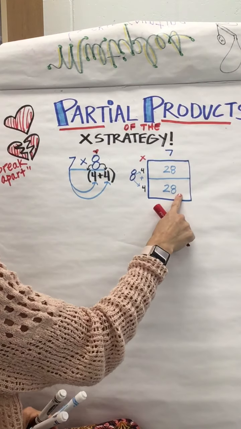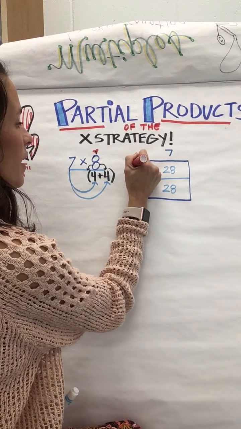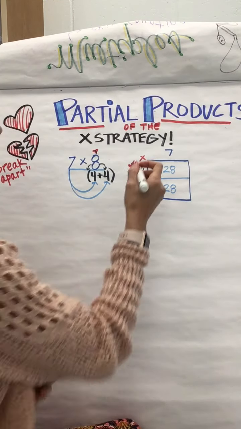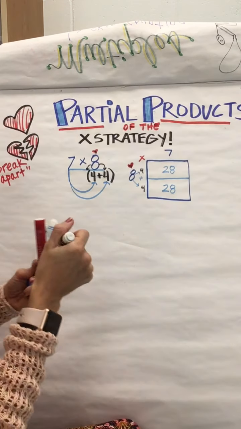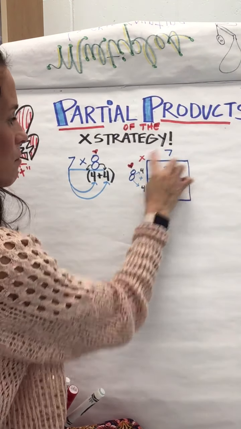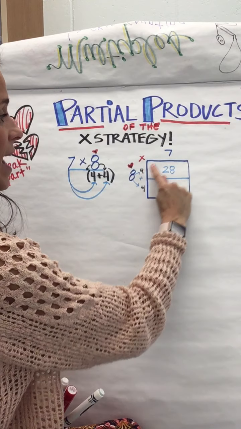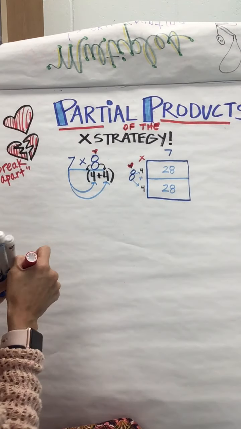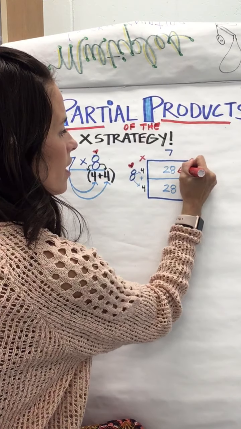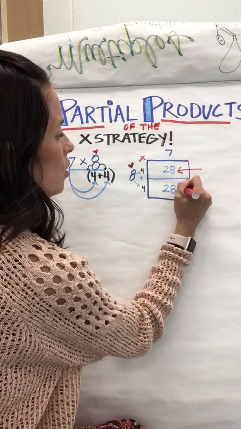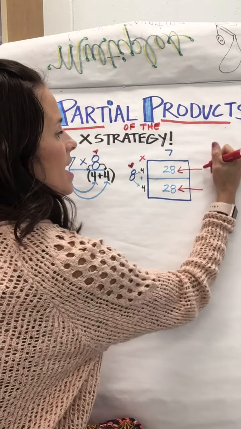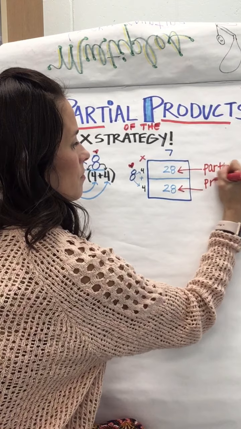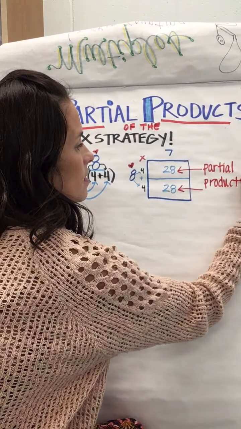Look here: when I split up 8, and I'm going to use that broken heart because I split it up, and multiplied out 7 times 4 and 7 times 4, I got part of the product here and part of the product here, and so these are called the partial products.